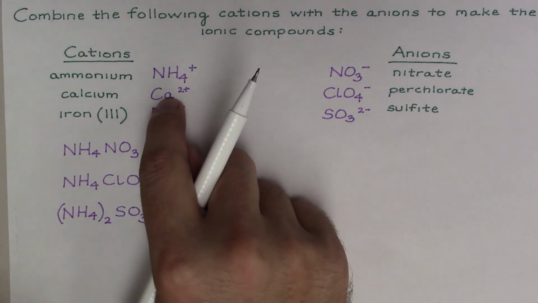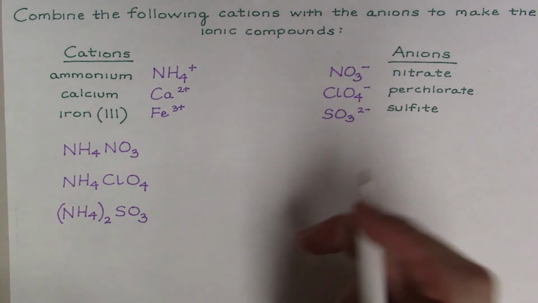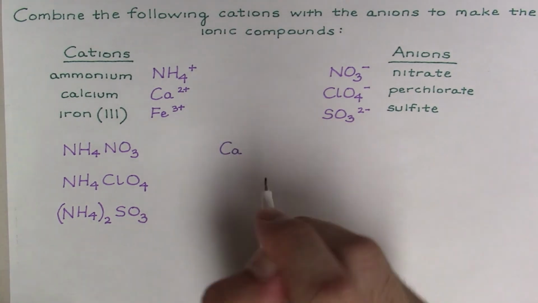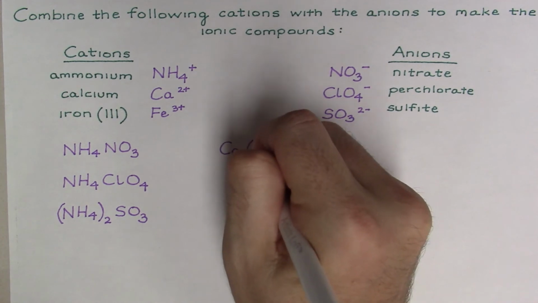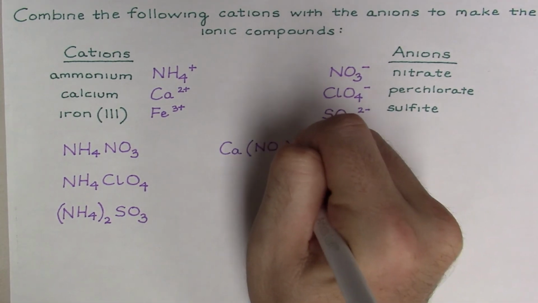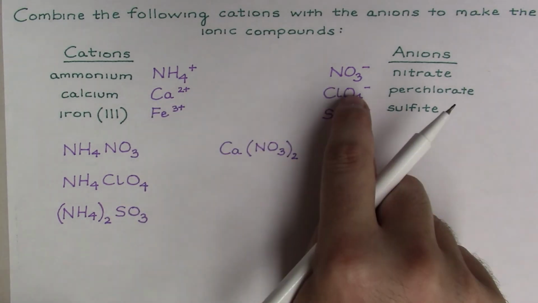So now we will go to the calciums. For calcium, we're going to mix it with nitrate, but we need 2 nitrates to balance the charge on the calcium. So we are going to have Ca(NO3), the nitrate polyatomic, and we need a 2 to show that we have 2 of those species to balance the positive charge.